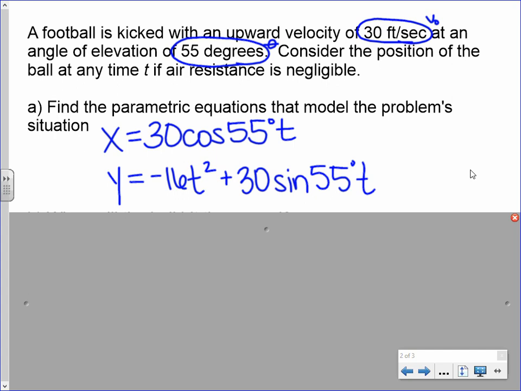Now, I am going to ask you a variety of questions, and we are going to have to think about: do I need to use the x equation? Do I need to use the y equation? What kind of question are we going to answer if we're going to use the x?